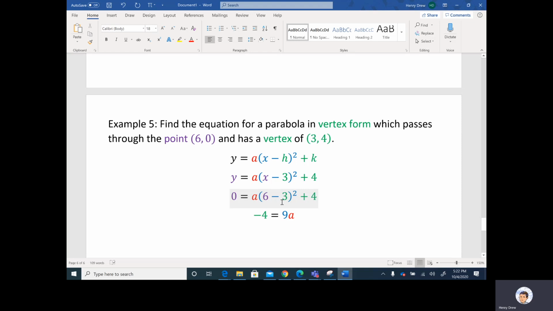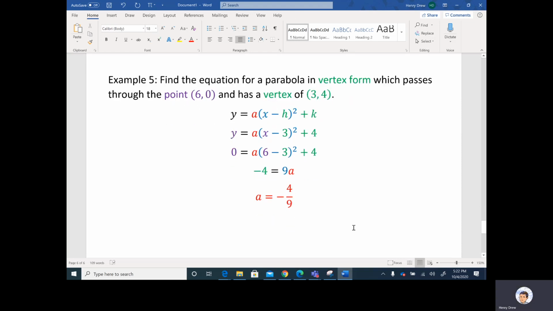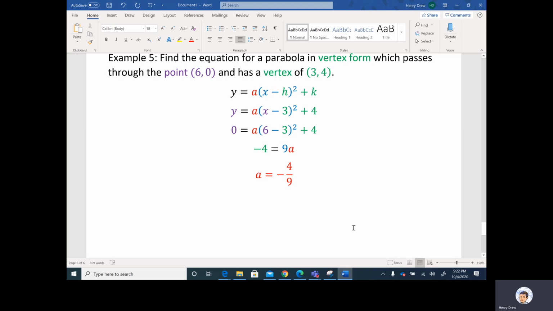Inside the parentheses, 6 minus 3 is 3, and 3 squared is 9. So we have negative 4 equals 9a. And if we work a little bit further, we get that our amplitude is negative 4/9, which suggests that our equation should have an amplitude of negative 4/9 and the vertex of 3, 4.